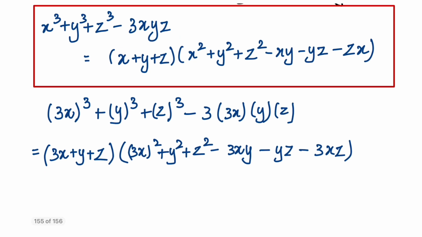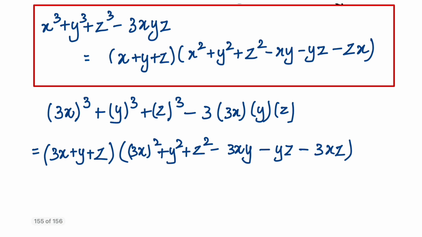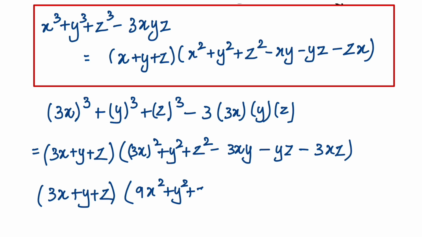You can further evaluate it by squaring this 3x, so that can be done. So 3x plus y plus z multiplied by 9x squared plus y squared plus z squared minus 3xy minus yz minus 3xz.